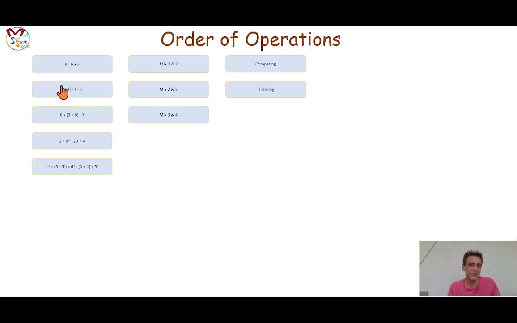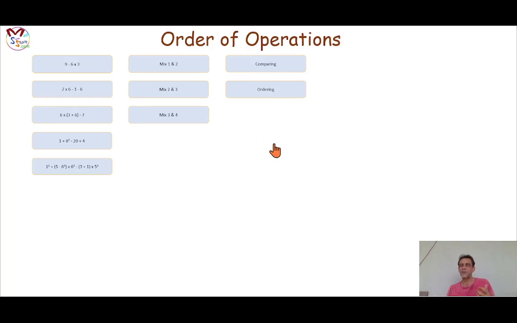Here we've got the different levels of BODMAS. In the centre column you can mix 1 and 2, 2 and 3, 3 and 4. You can compare them, saying you work out this one and you work out that one, so the student is working out two orders of operations, doing double the work, and also comparing the answers, and also ordering.